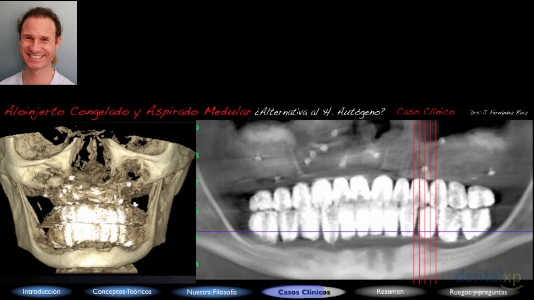And it is at this moment that we are planning to do some reposition of the inferior alveolar nerve and move it laterally, so that we can place some implants, and we will do the transposition technique bilateral.